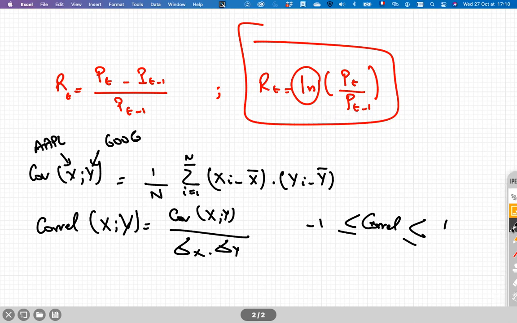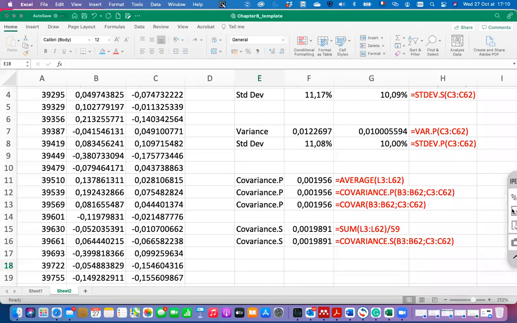Now, this is the way to compute the correlation, or there is a second one, you can directly use the Excel function, right? So the correlation coefficient is equal to, now you will see that whether we use covariance P or covariance S, we must have the same correlation coefficient. It's independent from the way we computed the covariance.